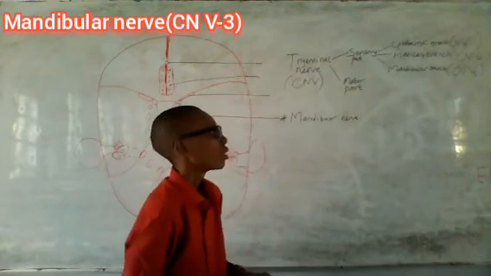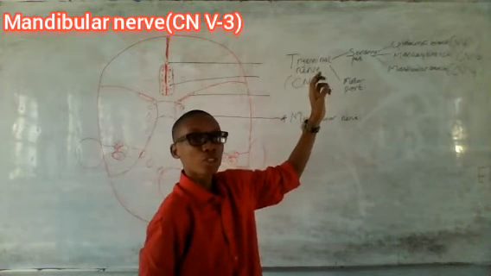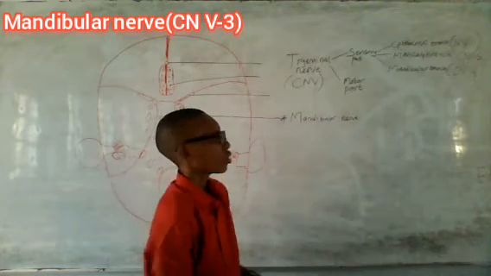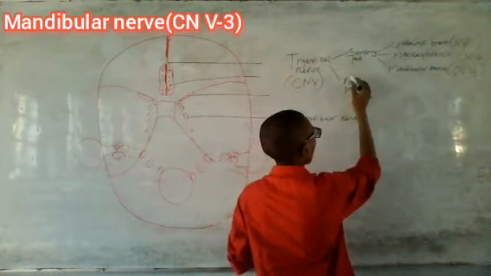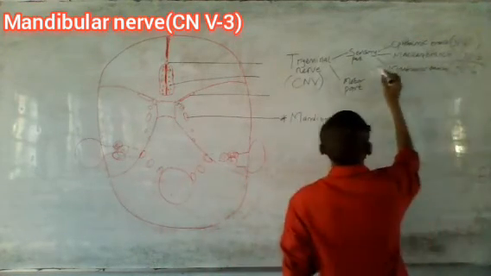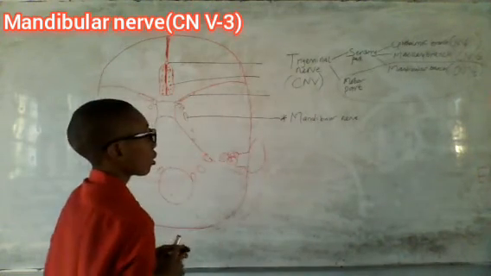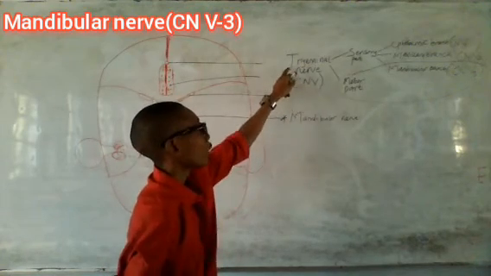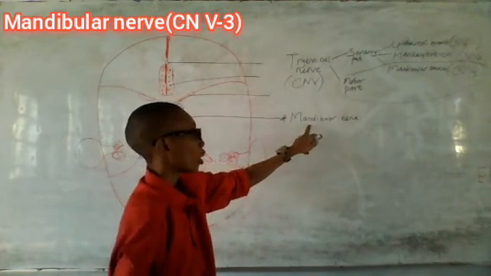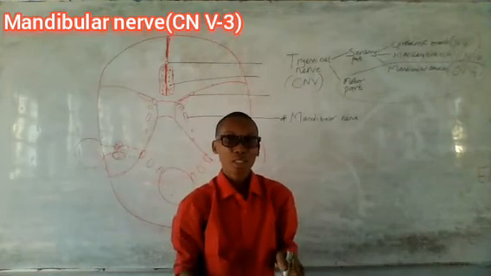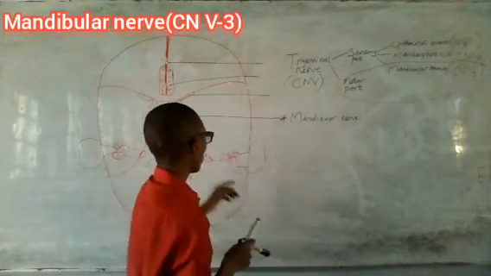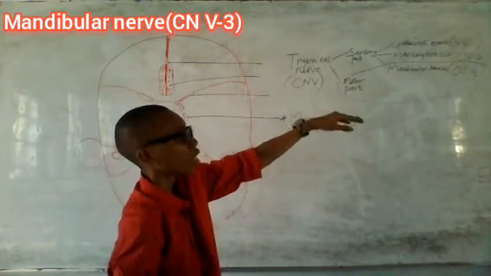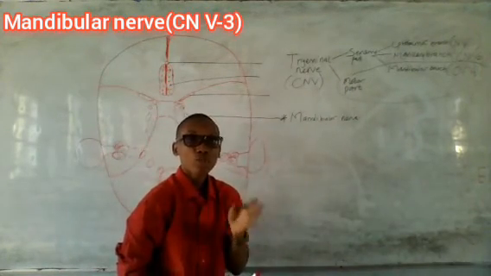The trigeminal has three nerves, a motor part and a sensory part. The mandibular nerve has both the sensory part and the motor part going through the foramen ovale together. But the other ones, the ophthalmic branch and the maxillary branch, are all sensory fibers.